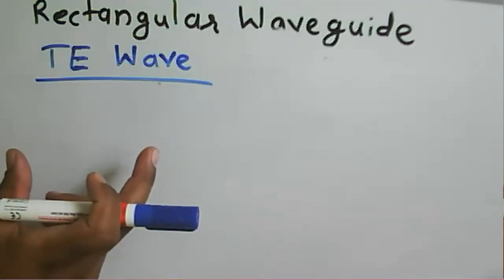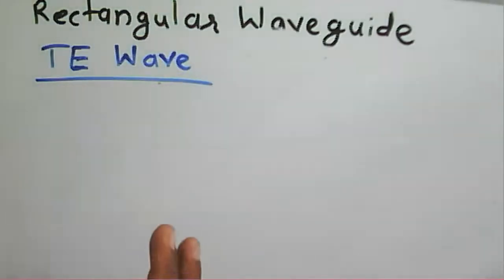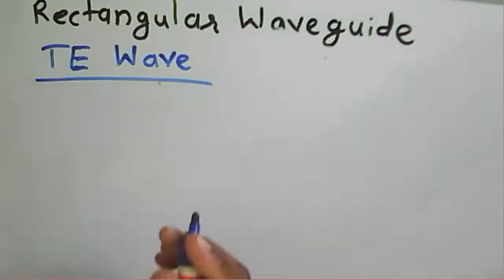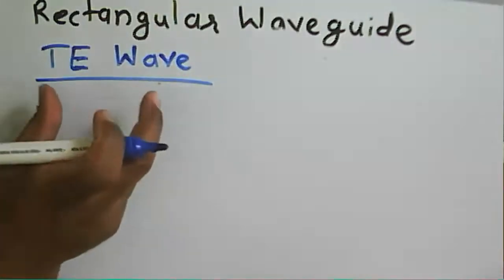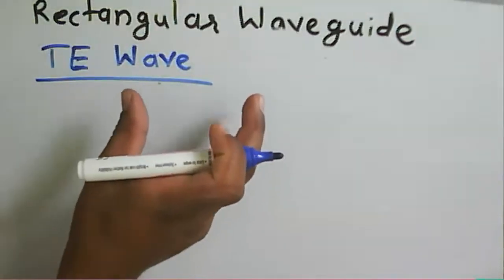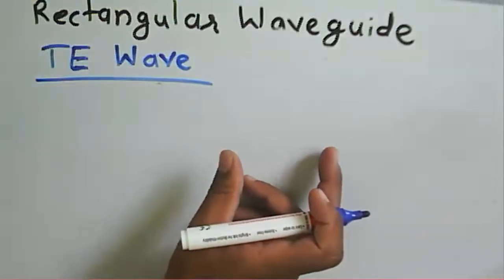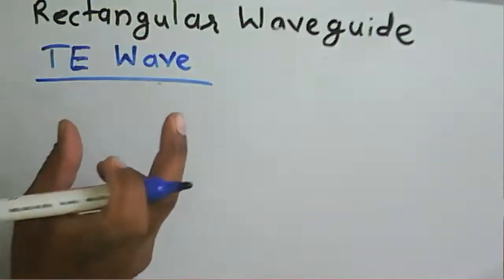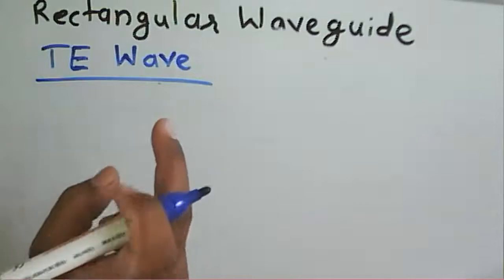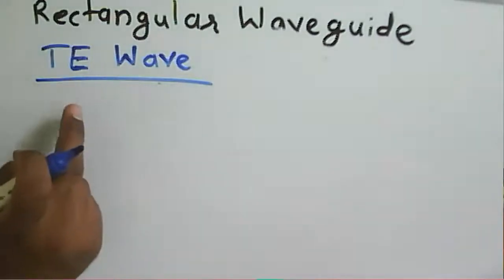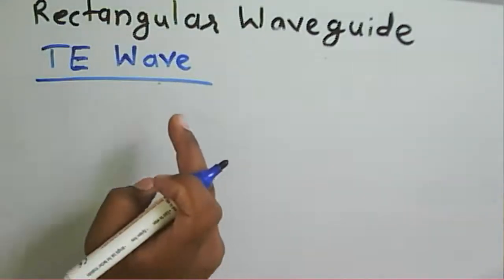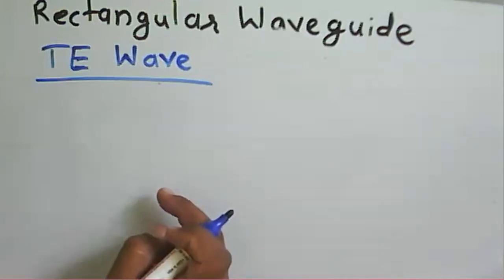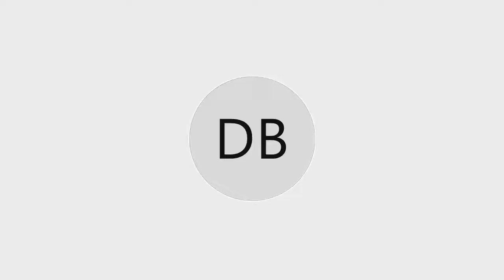Now, TE wave is described because TE wave means a transverse electric wave is propagating through the waveguide. Transverse means what? Perpendicular. Your electric field component is perpendicular to the direction of propagation of the wave.